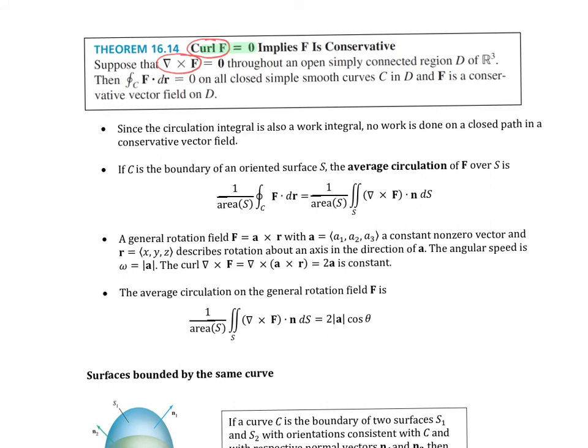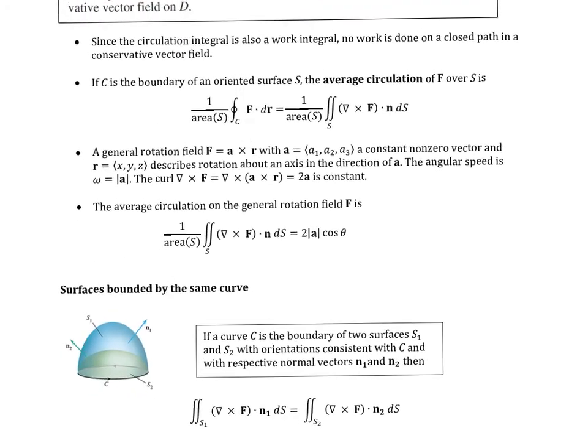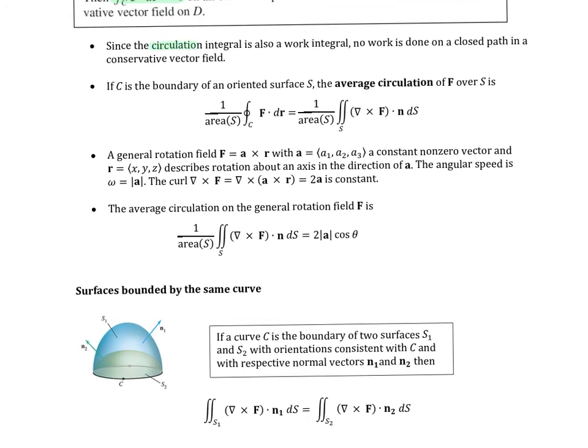If the curl is a zero vector, that means your vector field is conservative, which means that if the curl is zero, then the circulation is going to be zero as well. Okay, again, we're in three-dimensional space. Something else that is the same is circulation is work.